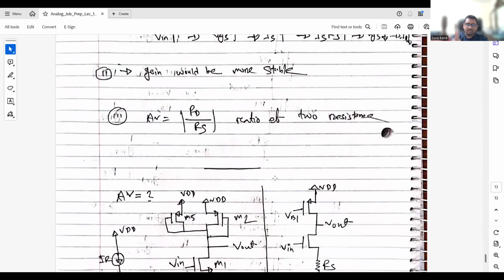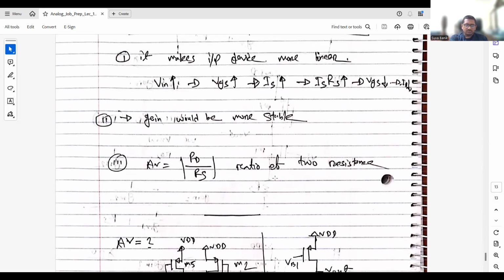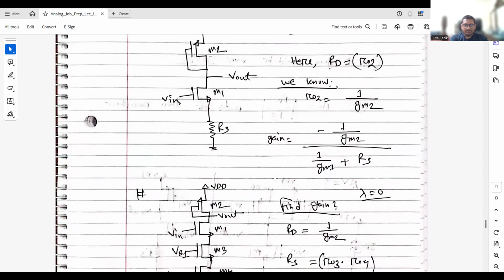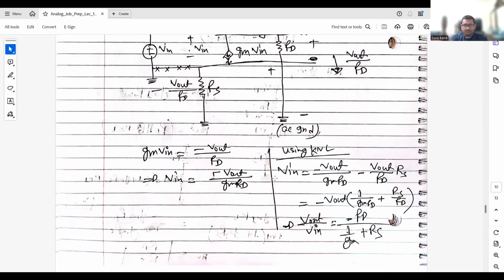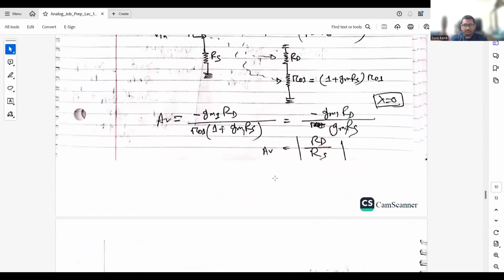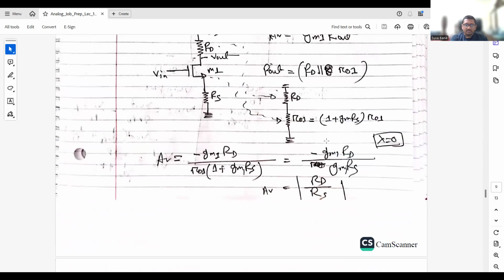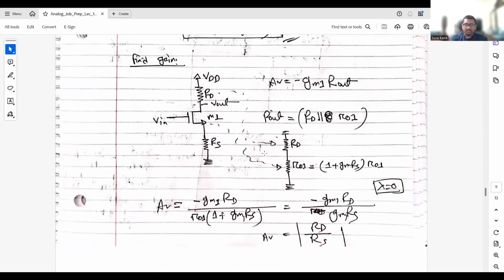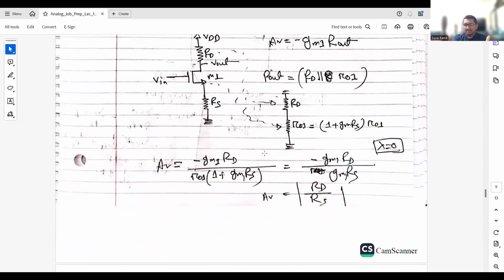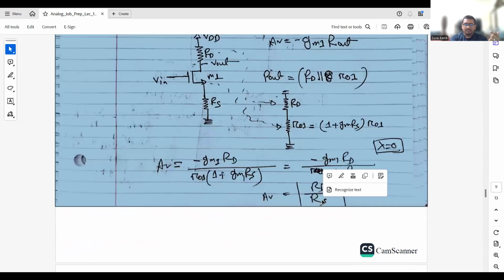Analog circuits are really noise sensitive, however. So this is the beauty of the circuit, and you also find this relationship. In this calculation, you also find that the gain is just the ratio of two resistances.